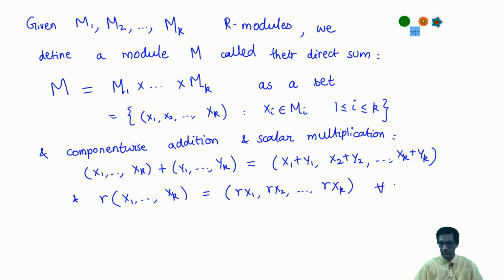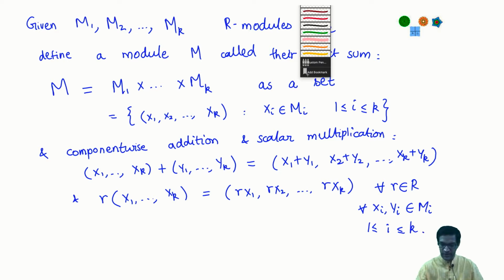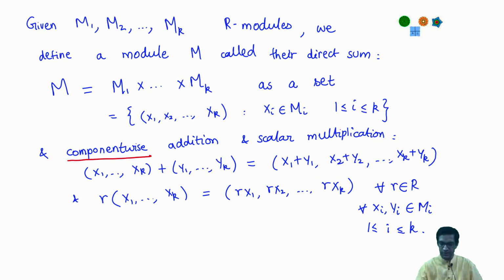All these hold for all r running over elements of the ring and for all xi, yi elements of Mi, i from 1 to k. Okay, so this is what we mean by component-wise addition and multiplication. This is a keyword here.